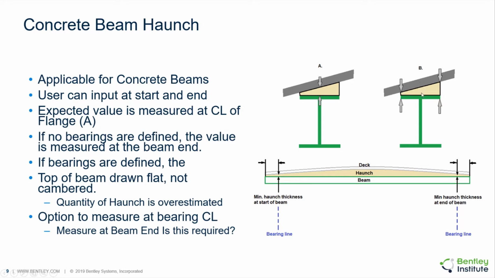So you still have to perform, I would say, a little bit of manual calculation to get the minimum hunch that you want to apply. But remember, we computed it at the center line.